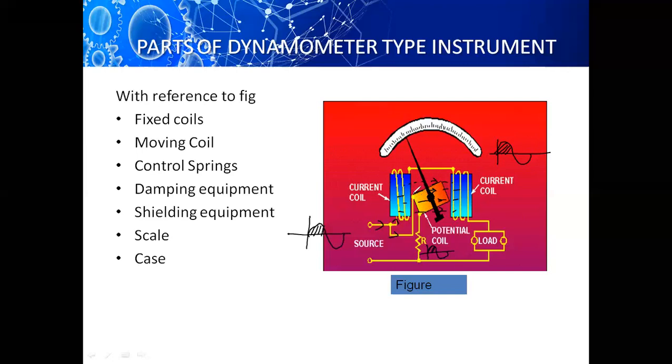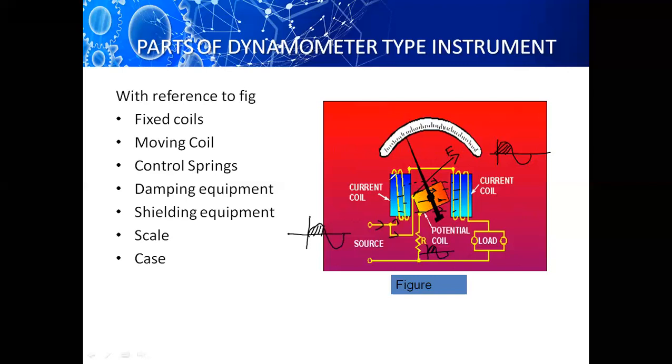Let the force acting on this potential coil be as shown in the figure. This is because there will be flux produced in the potential coil and flux produced by the current coil, which is the fixed coil. Hence there will be movement in the moving coil because it experiences a force as shown in the figure.